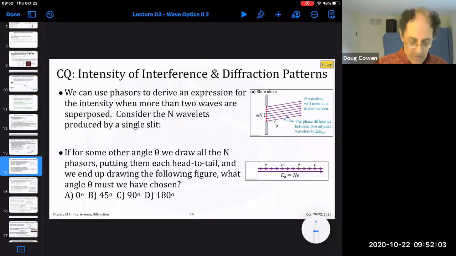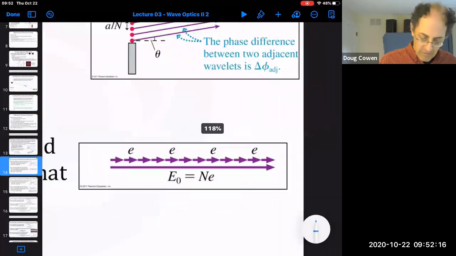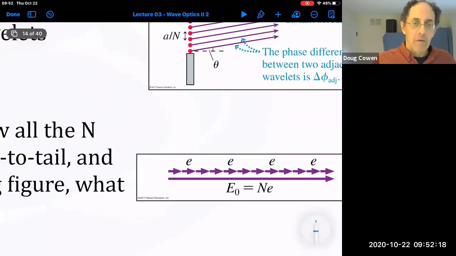If for some angle theta, we draw all of the n phasors, you can see I've drawn all the n phasors together down here, and we line them all up like that.